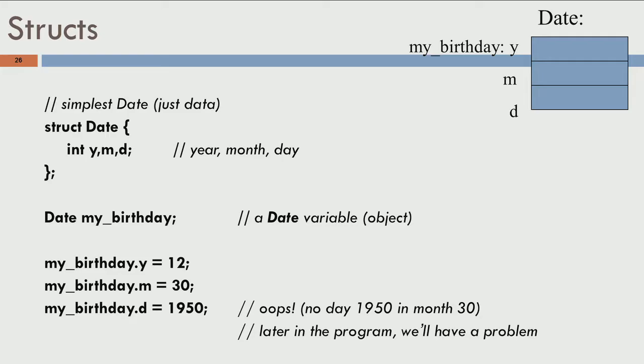So, maybe it was a mistake, it should have been year 1950 and day must have been 30 and probably the month must have been 12, where we are talking about 30th December 1950. Maybe it was a mistake, but if you have a structure, from the outside, by mistake if you do this, there is nothing which will stop you from doing it. Whereas, if it is a class, then I can put some checks and protect invalid values from being taken.